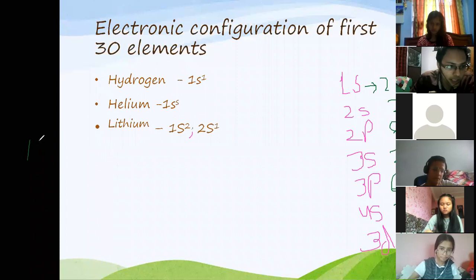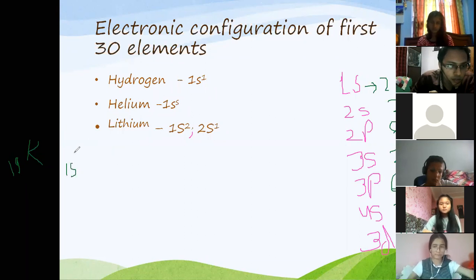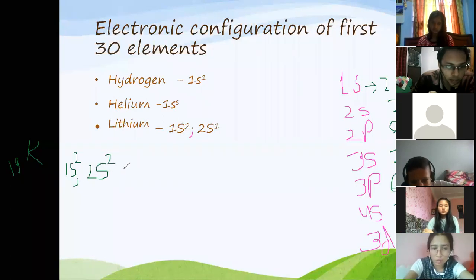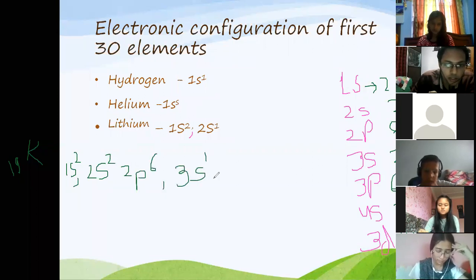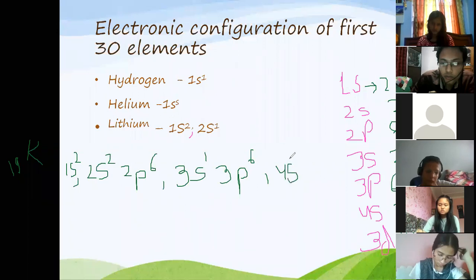If you have already written, you can compare yours with mine here. I'm writing potassium. 19 is the atomic number, so we have 19 electrons here. 1s2, 2s2, then comes 2p6, then 3s2, then there is 3p6, and then comes 4s1.